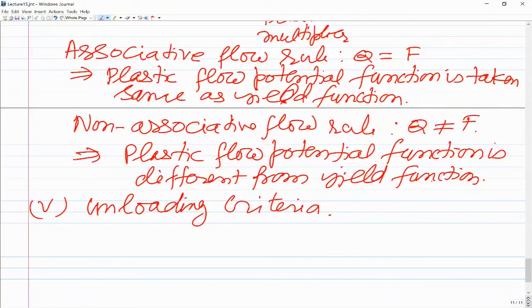So both could be there. So sigma y could be a function of epsilon p and epsilon p dot. But here we are talking about rate independent plasticity. So I have just said that yield stress is a function of plastic strain. So yield stress changes with subsequent elastoplastic deformation. Okay, sir.